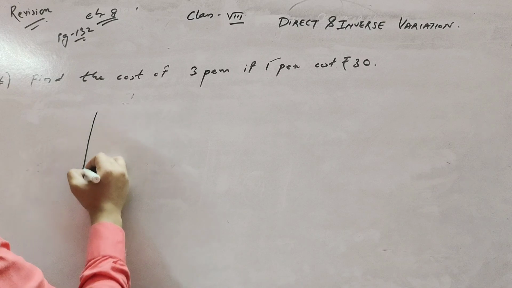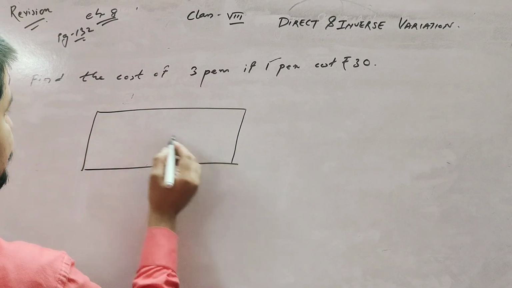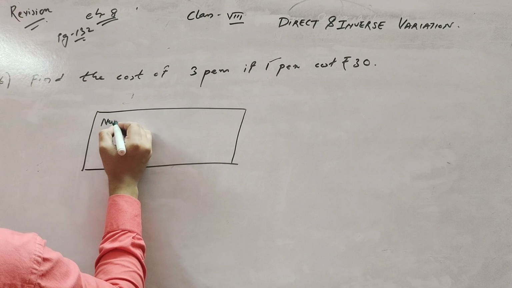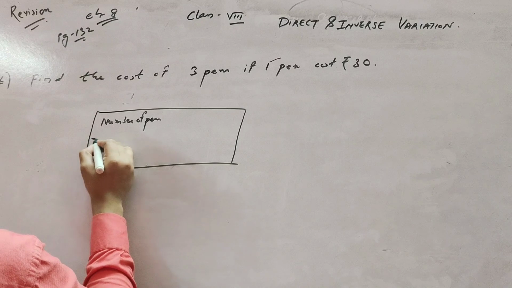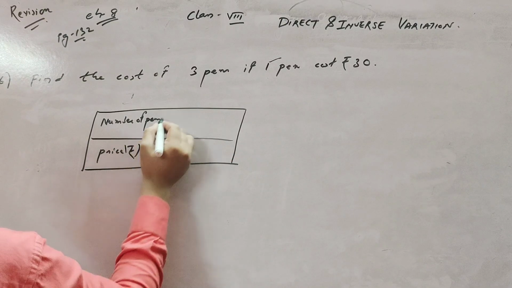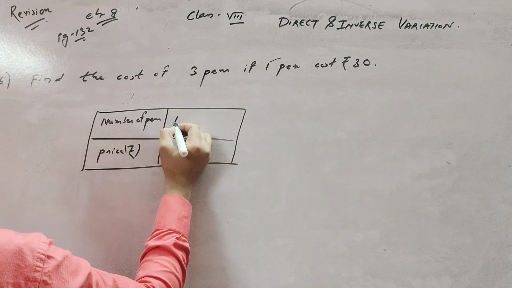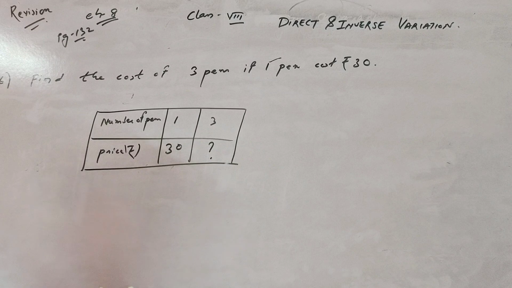So first of all, you draw a table: number of pens by price. When 1 pen costs 30, for 3 pens find the cost.